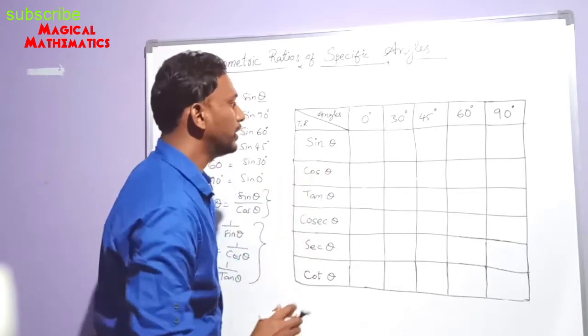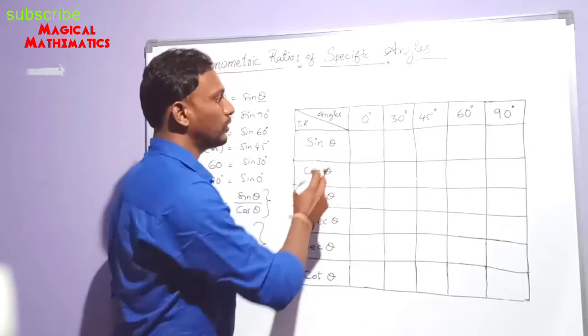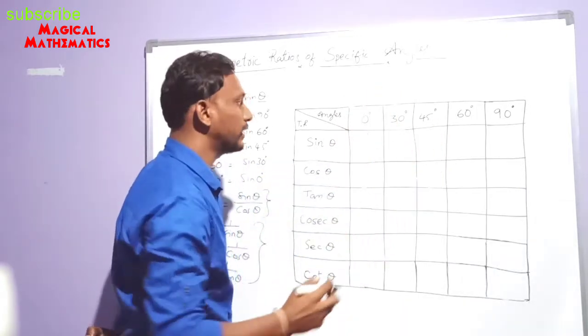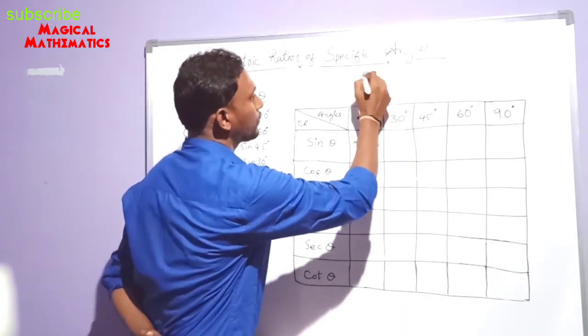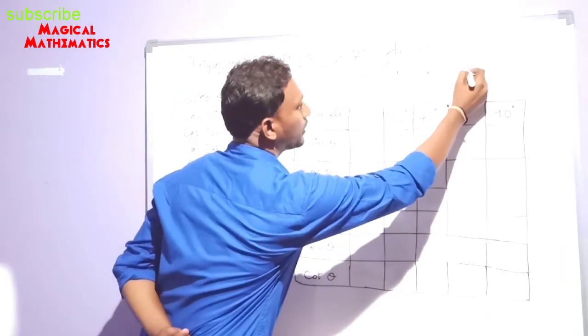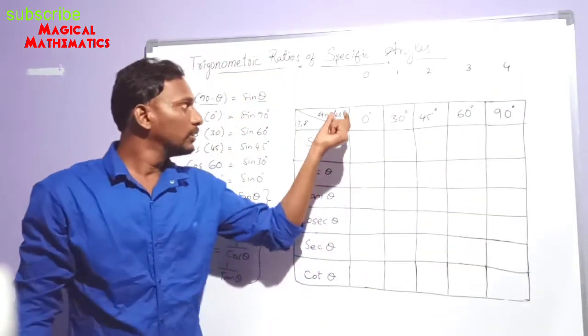What I am doing here: from 0 to 4, I am writing continuously for all the specific angles. Here I am taking 0, here 1, here 2, here 3, here 4. It is a trick.